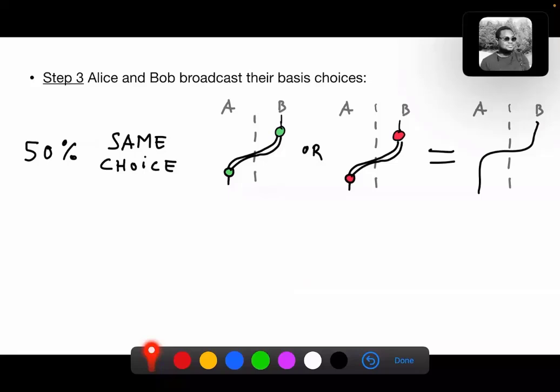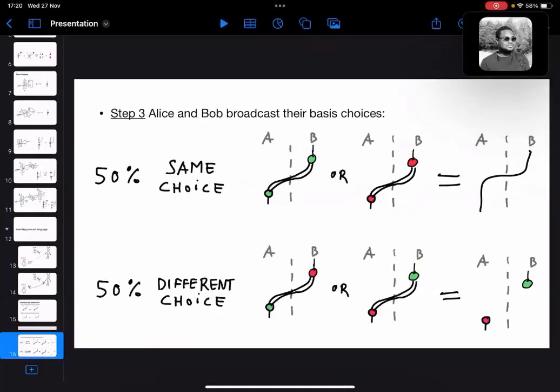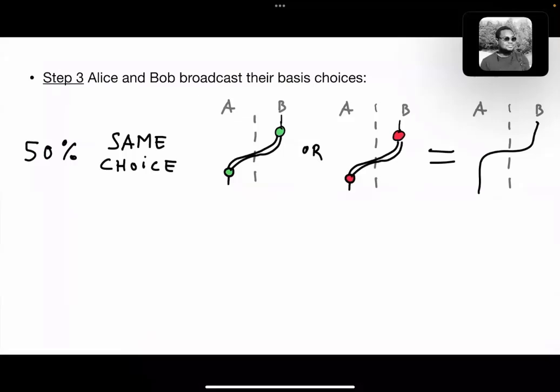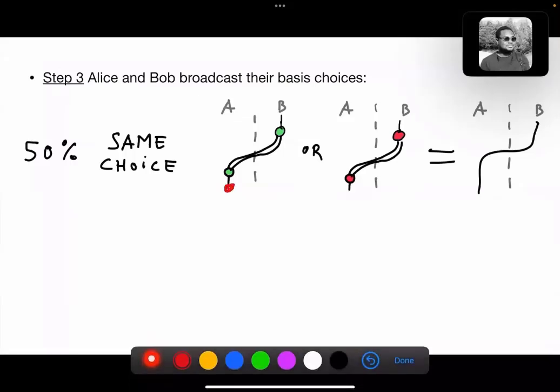They either chose the same basis, in which case the bit that Alice is trying to send to Bob is just going to go through. So this equals just this single bit going to Bob.